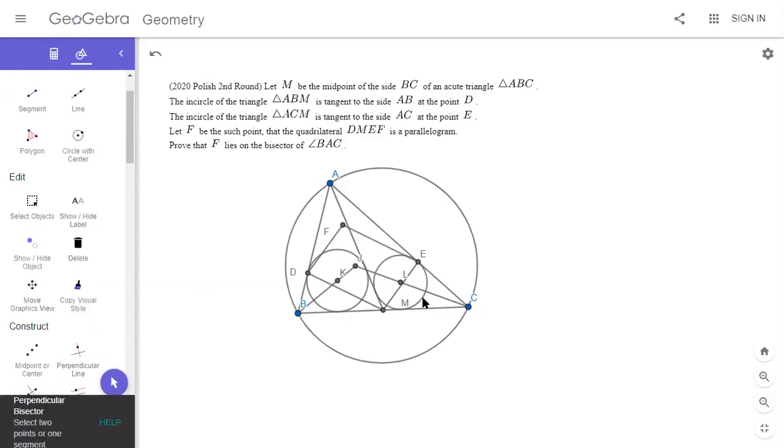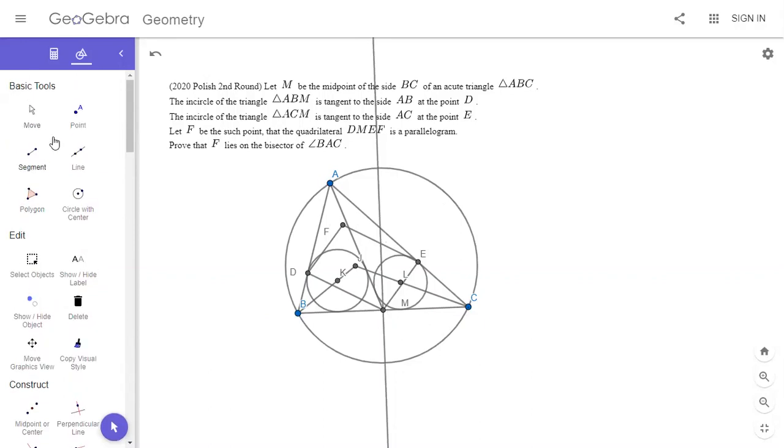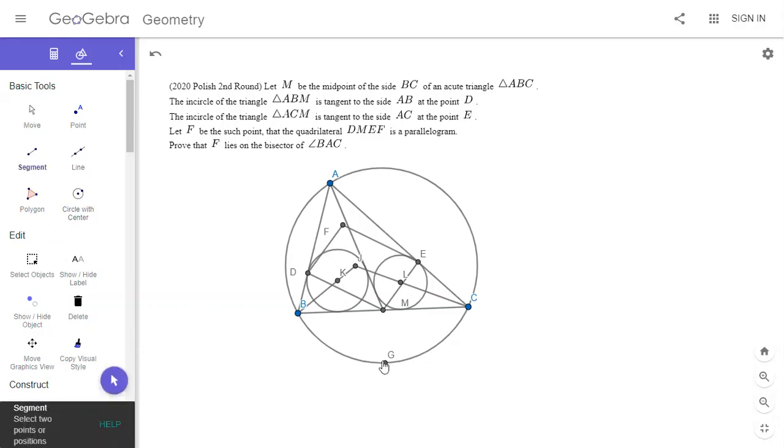Call it G. I want to show that A, F and G are collinear. We know A, J and G are collinear. And we know GM is perpendicular to BC.